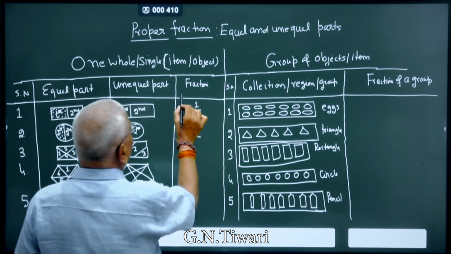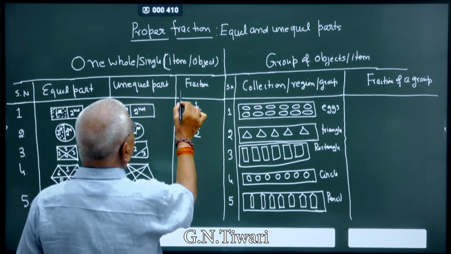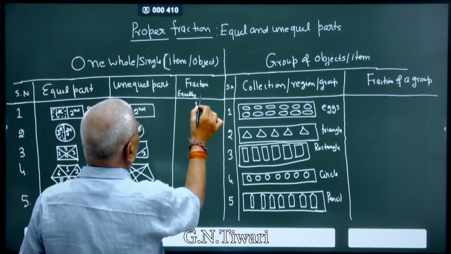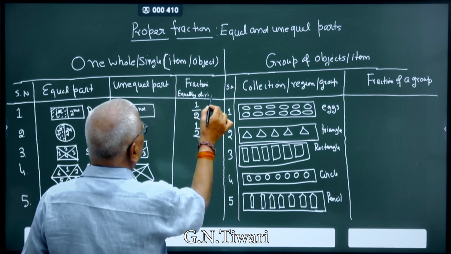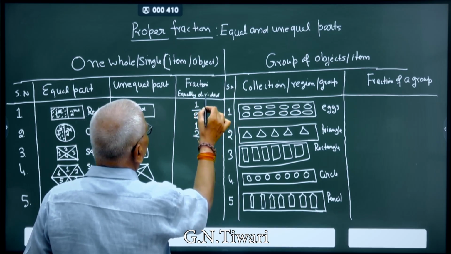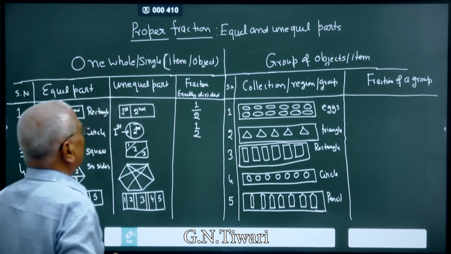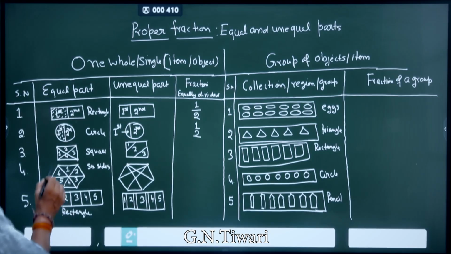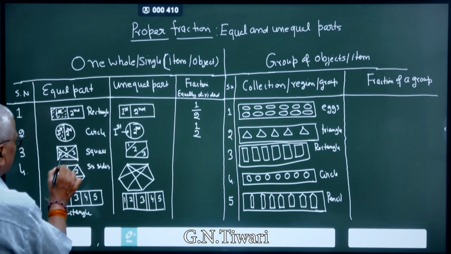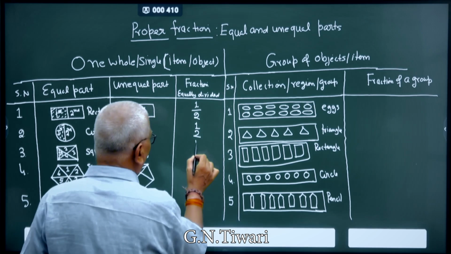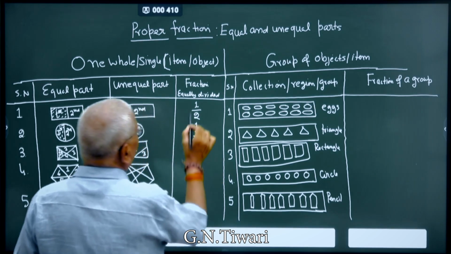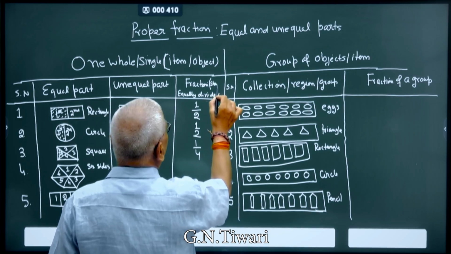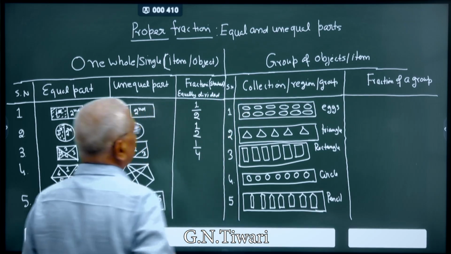But for equally divided shapes, be careful. Now here there are 4 parts. Suppose just one is shaded. So the shaded part is 1 by 4. Fraction of the shaded part, I am just writing here, shaded part. Very, very important.